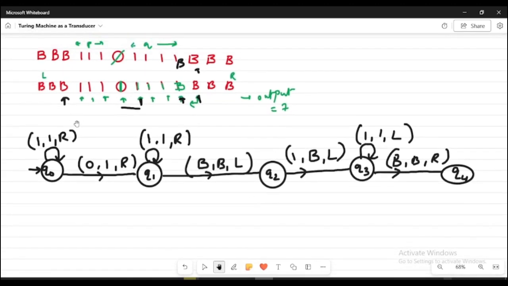At the end we can see there are 7 ones inside the tape. The length of the string is the number of ones, and the length of the string itself represents the number.